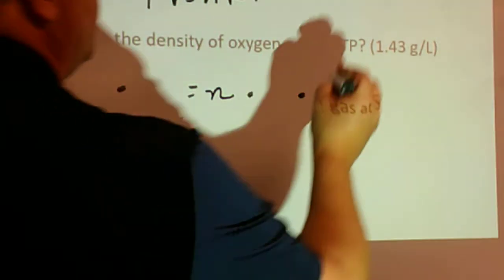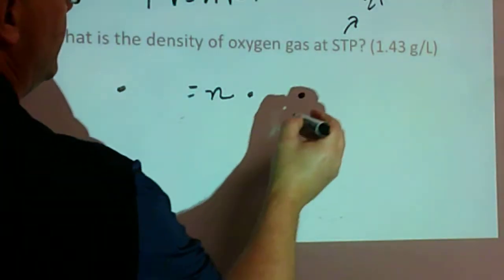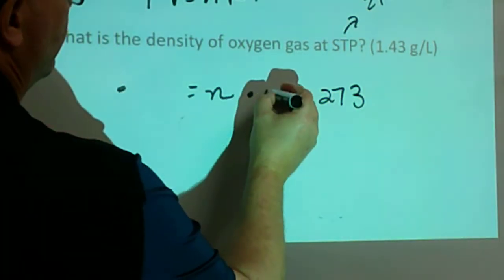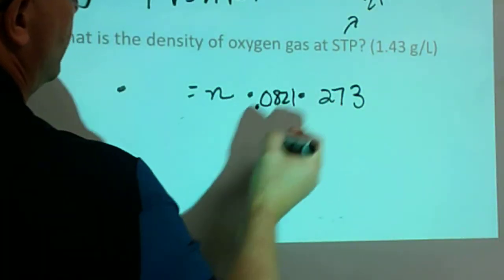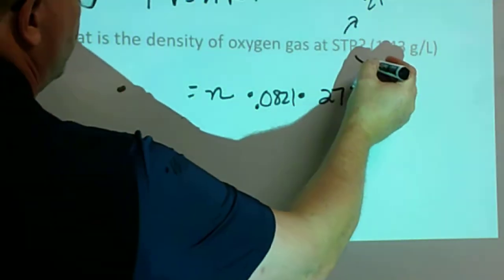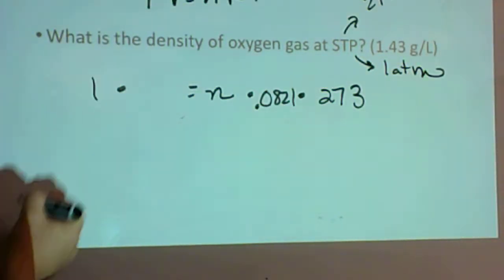Now, standard temperature is going to be what's added to get to Kelvin, which is going to be 273. My R is going to be 0.0821. My pressure, standard pressure, is 1 atmosphere. Very good to stay into that.